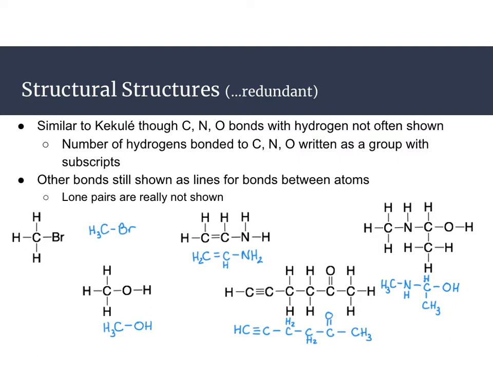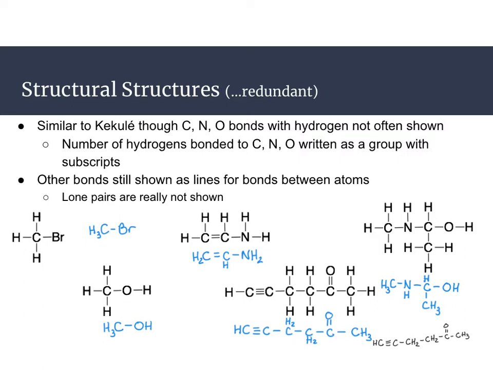Now, sometimes when organic chemists type out structures like this, we get lazy, and so you'll often see them instead maybe written like this. And so it's still representing the same thing. It's just that chemists are getting lazy because we can't really type the hydrogens above and below the carbons.